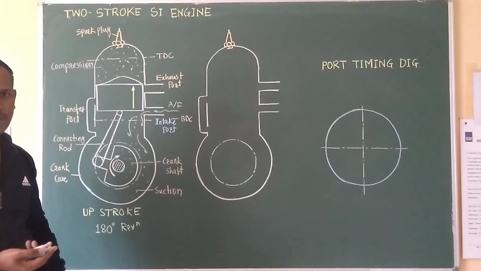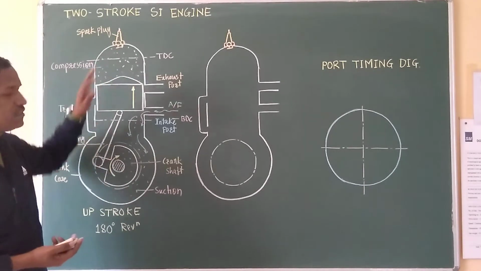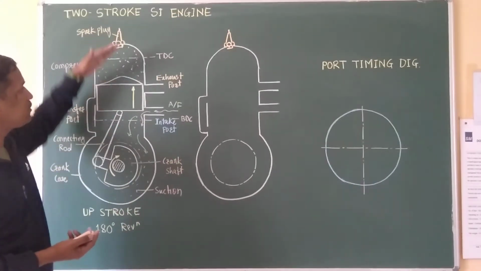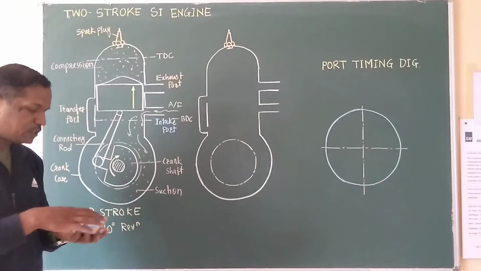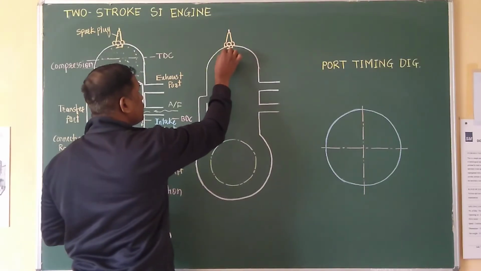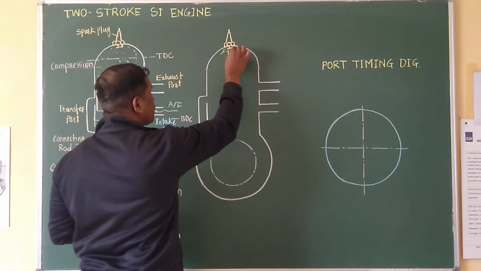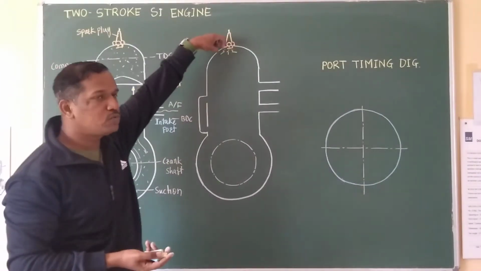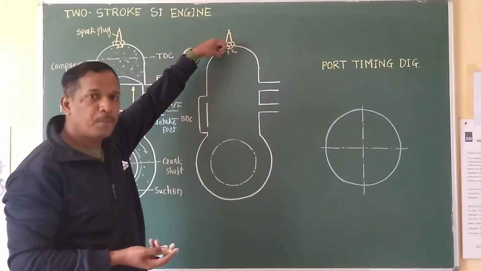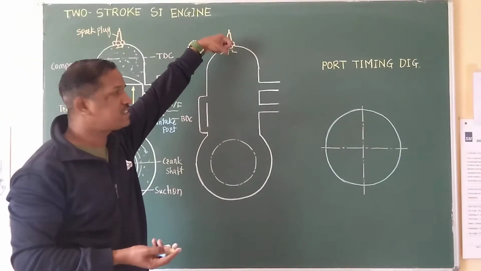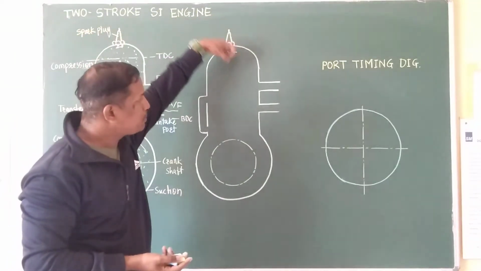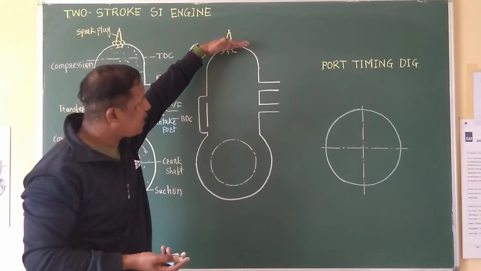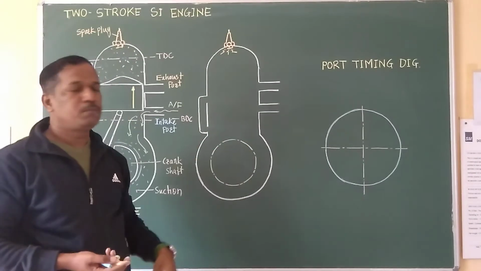At the end of the upstroke, on the top side of the piston there is a compression process, on the bottom side there is a suction process. The whole crankcase gets filled with fresh air-fuel mixture, and the whole charge on the top side of the piston gets compressed to high pressure and high temperature when the piston reaches TDC. When compression ends, when the piston reaches TDC, that is when the spark is generated.